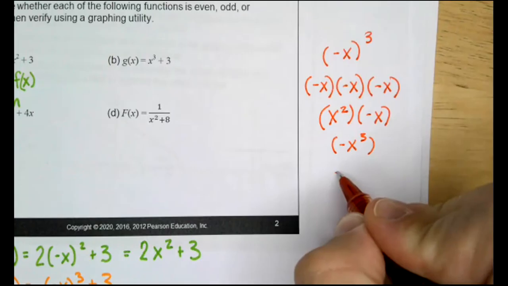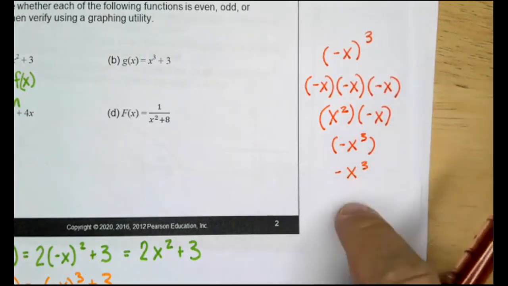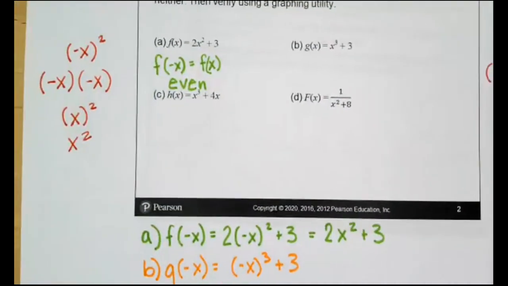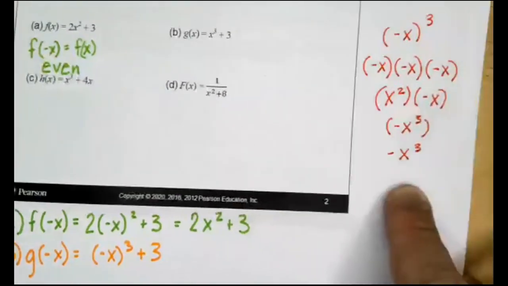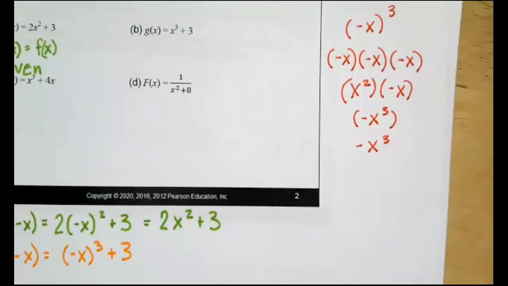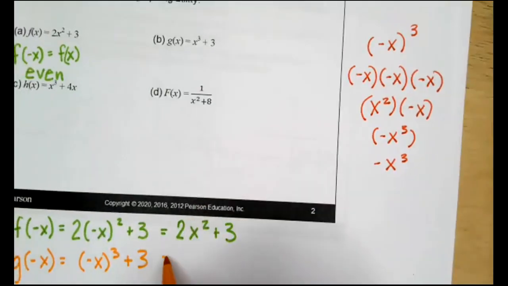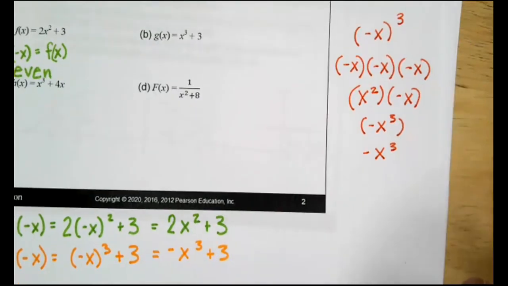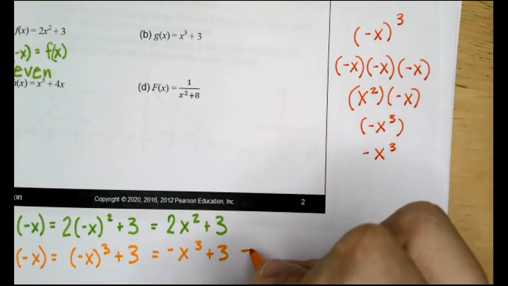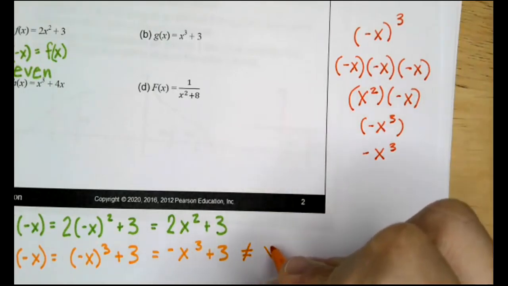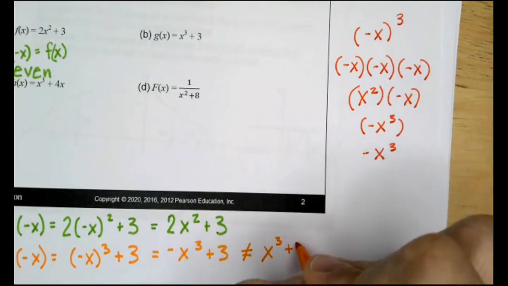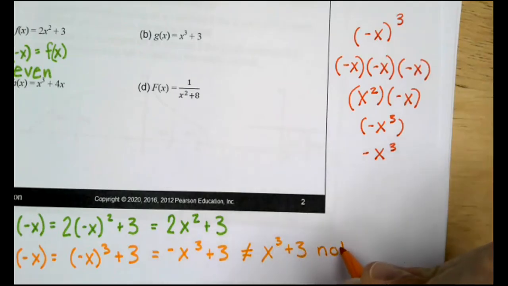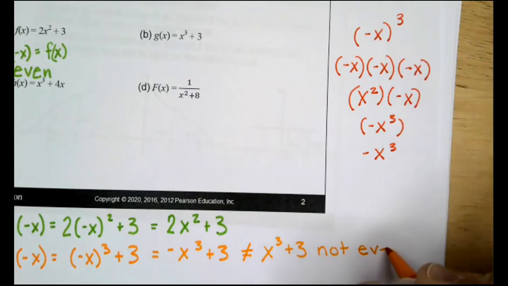So we're back to negative x to the third. It does not simplify to be positive. It stays negative. So g of negative x will look like negative x to the third plus 3. Okay, so we know it's not even because that does not equal x to the third plus 3. So we say it's not even.